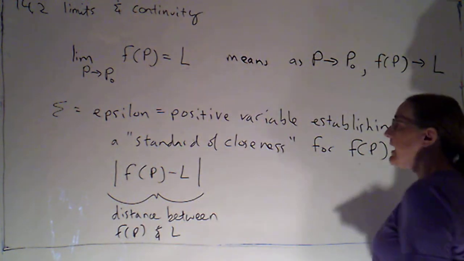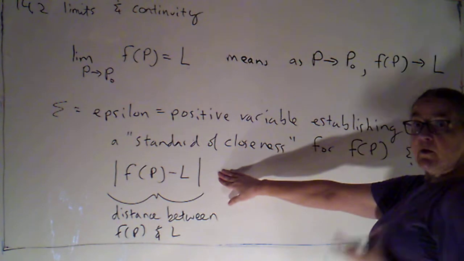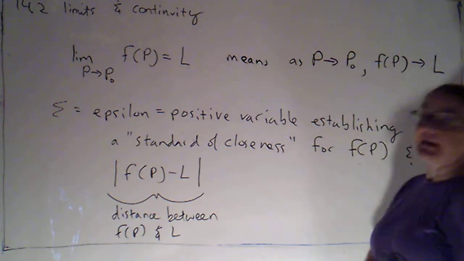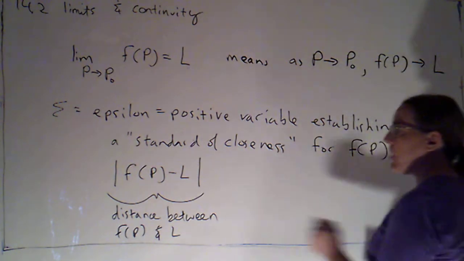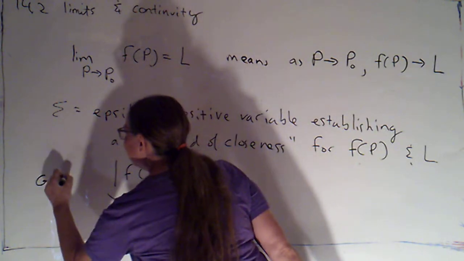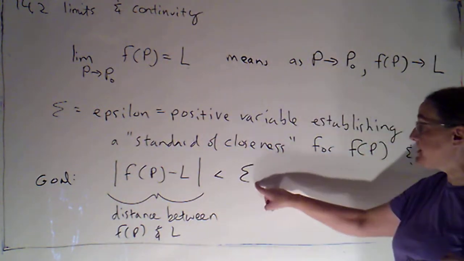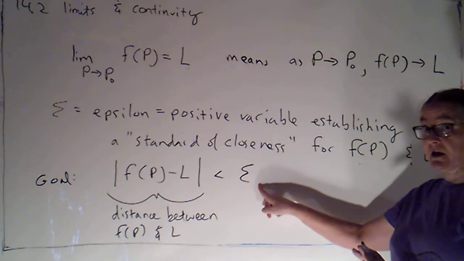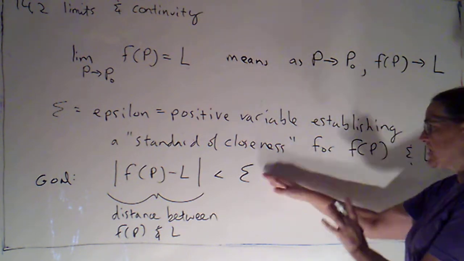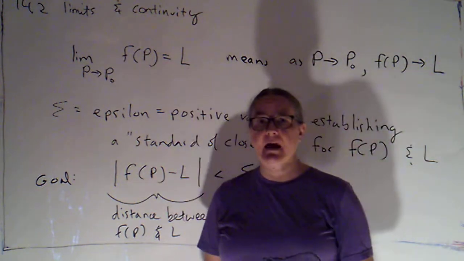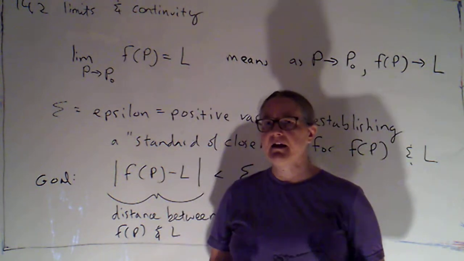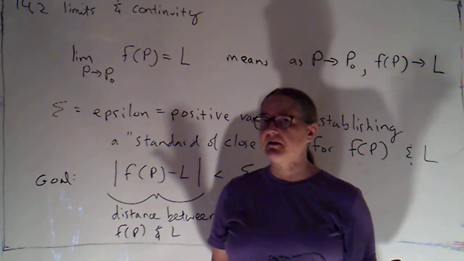Okay, and we're going to require that this distance be smaller than epsilon. Okay, so our goal is going to be to show that we can make this smaller than epsilon, and we're specifically using a variable here, because if I used a specific number and I said I bet we can get within 1 unit of L, that doesn't mean we're getting arbitrarily close.